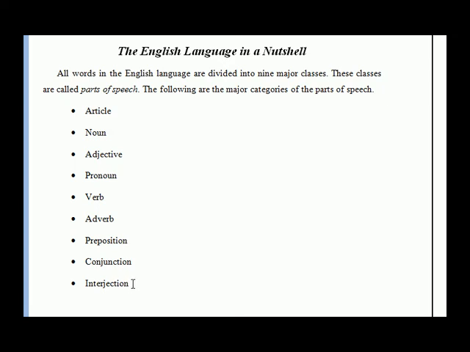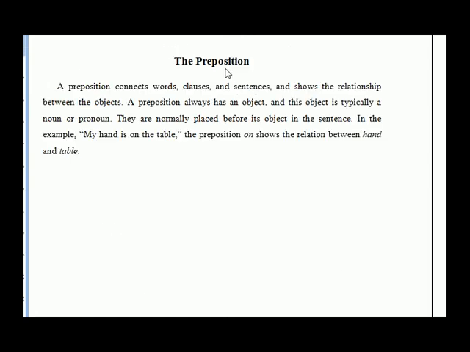We now have a quick look at the prepositions, conjunctions, and interjections. Look at the definition, and then look at some typical test problems. A preposition is essentially a connector. So for example, my hand is on the table. In this sentence, the preposition is on because it's showing the relationship between my hand and the table.